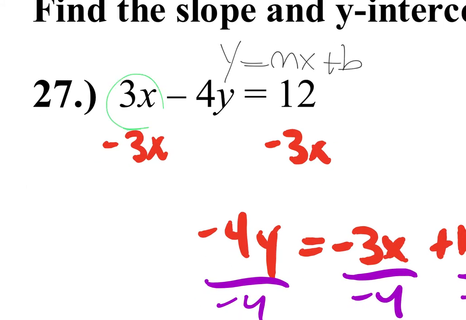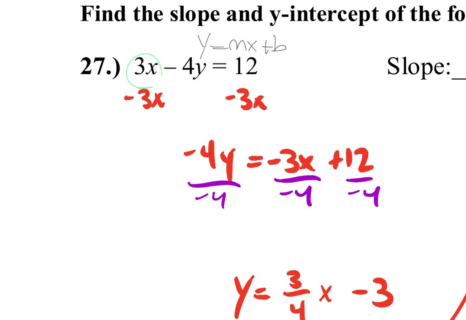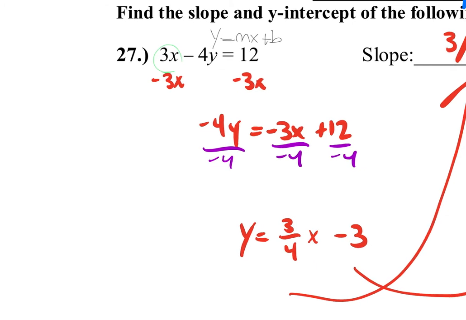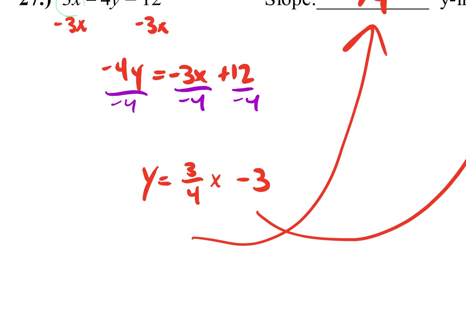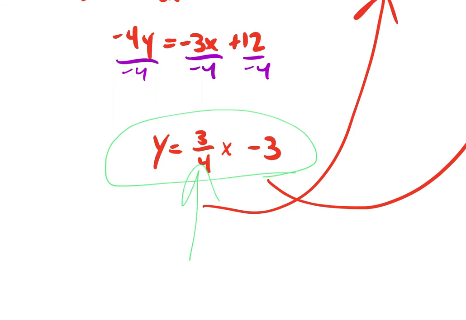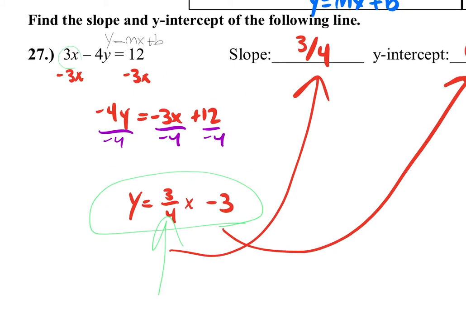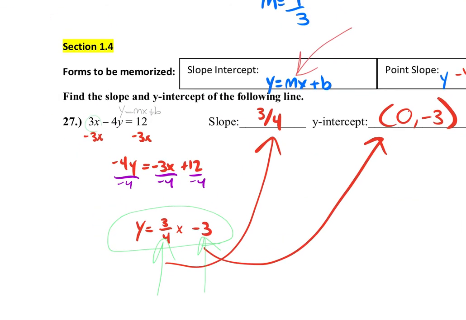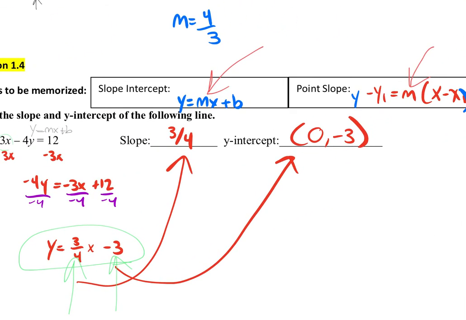Got rid of my x term by moving it over with subtraction. And then we needed to divide everybody by the number that's with y, which was -4. And when we did that, here we are in y equals mx plus b, where this is the slope. So there's my slope of 3/4, and there's my y-intercept. And y-intercepts as a coordinate point are always 0, then that number.